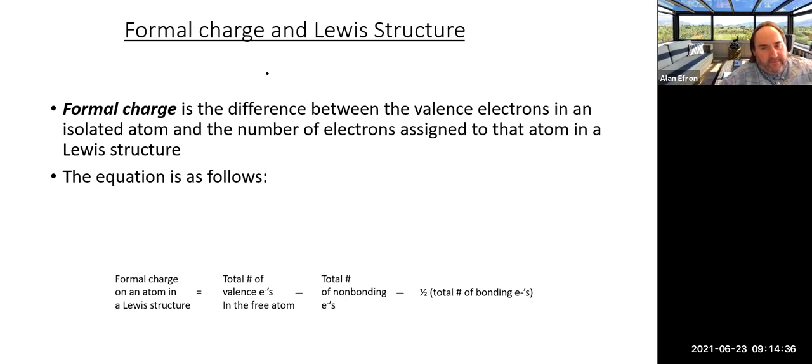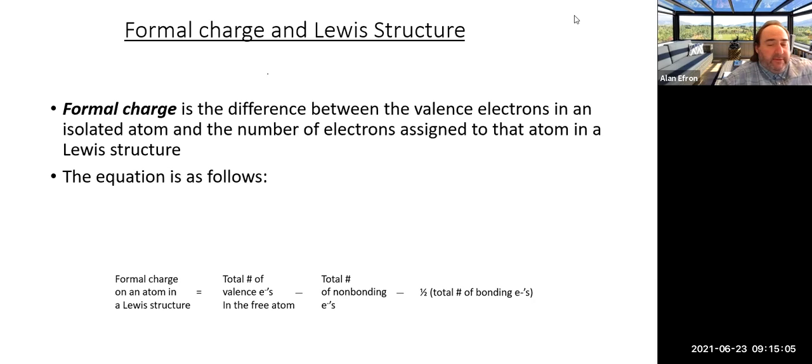Formal charge helps us understand, within a bonding situation like covalent bonding where they're sharing electrons, how certain elements take on almost like a charge in that arrangement of how they are put together.